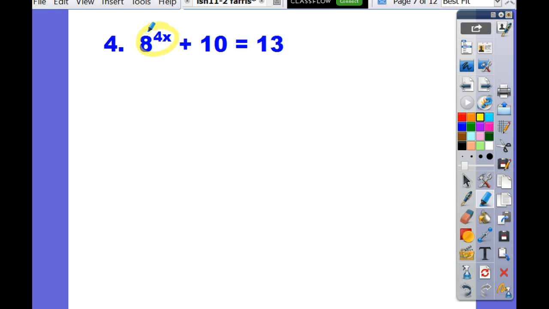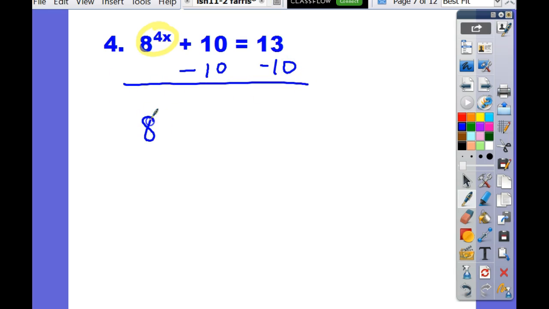It has the exponent. That's why it's the base. And so we need to isolate it. So what are we going to do with the 10? Subtract 10 from both sides. We're going to subtract the 10 from both sides to isolate the base.